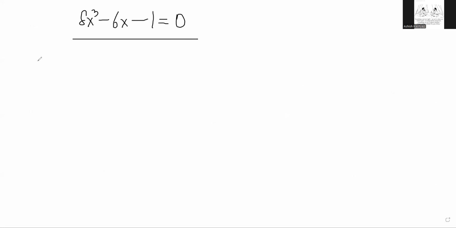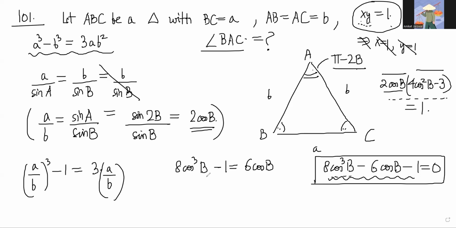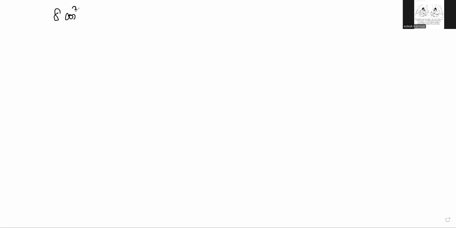If your guess is correct, then your life is good. Otherwise, it will be annoying. So we get 8 cos cube B minus 6 cos B minus 1 is 0.